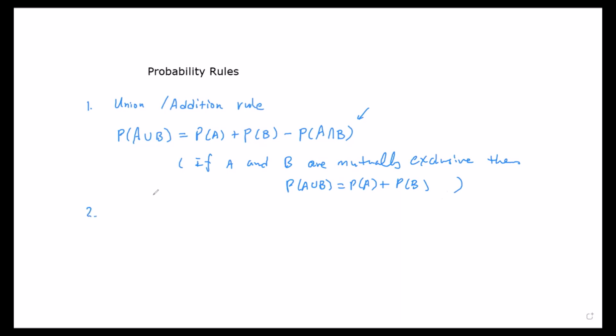The second rule is the complement rule. It says that the probability of the complement of A equals 1 minus the probability of A. Sometimes it's difficult to find the probability of something, so maybe I should use the other way around, because sometimes you want to calculate the probability of something that is kind of hard to find.